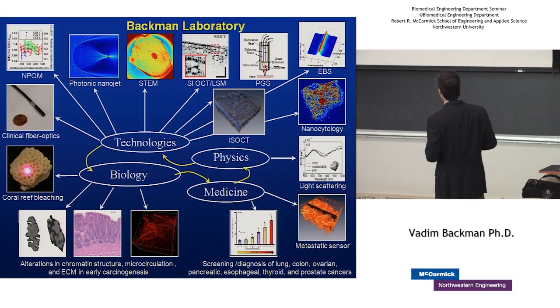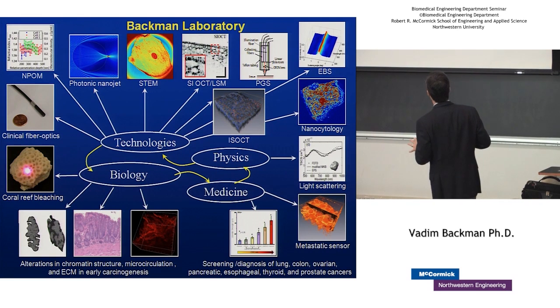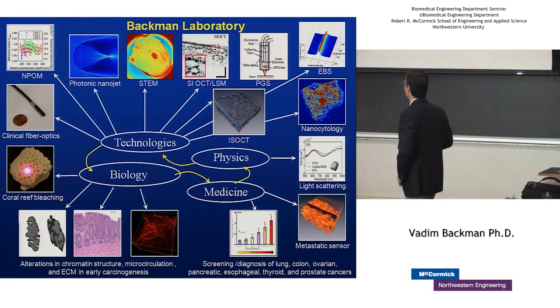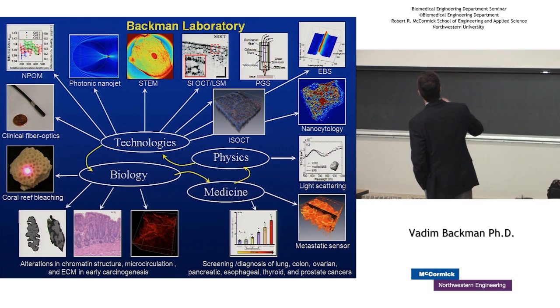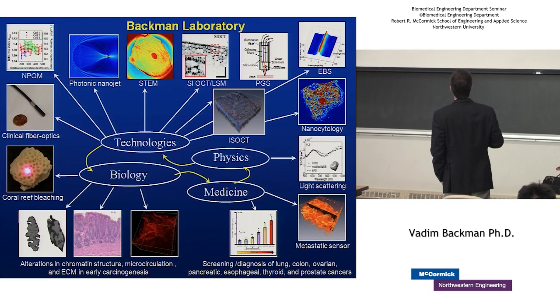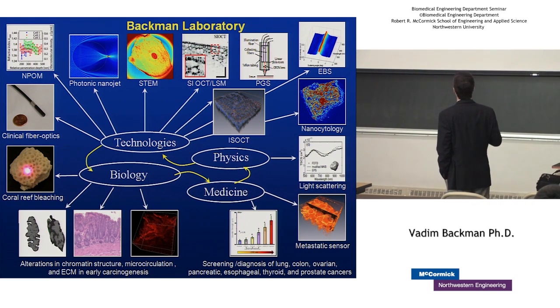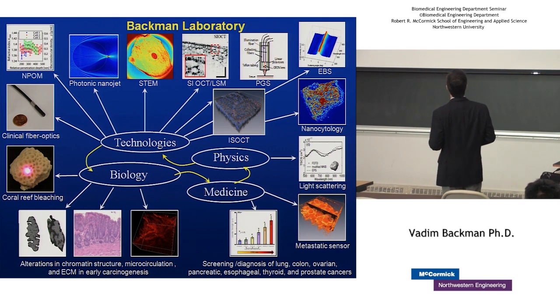Then we apply this knowledge to develop new technologies. Currently in our lab we have about 9 different technologies we're working on, and I will talk briefly to give a snapshot of different things here.